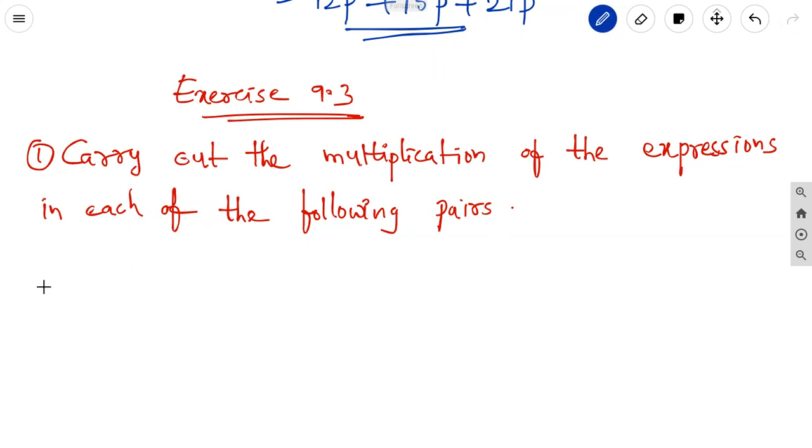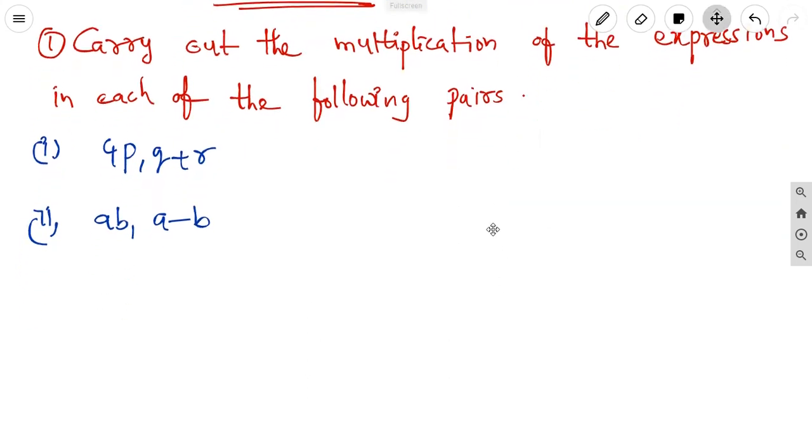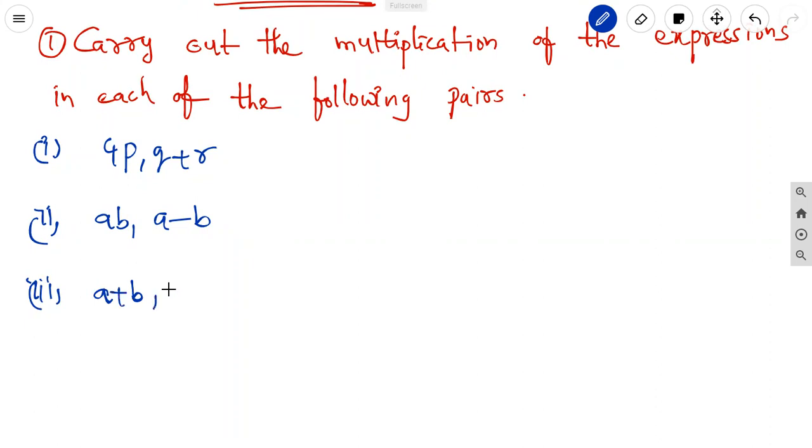First question, 4p comma q plus r. Second one, ab comma a minus b. Third one, a plus b comma 7a square b square.